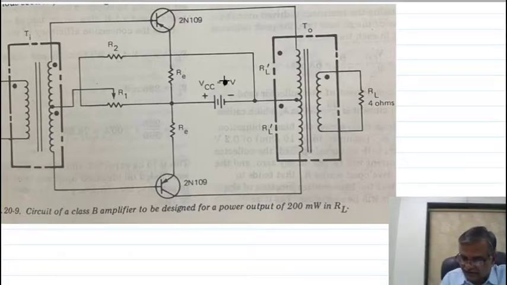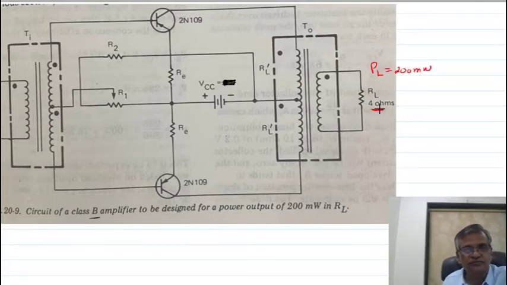Now let us see the data they have given. Design a circuit for a class B amplifier to deliver 200 milliwatt output power at a 4 ohm load. The value of PT for this transistor is 165 milliwatt.